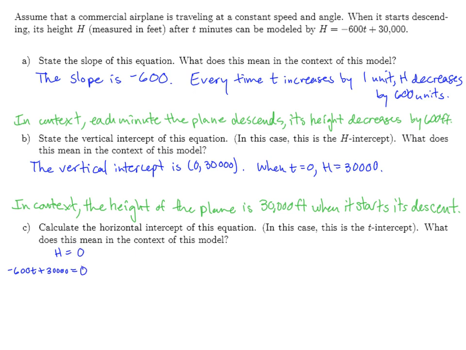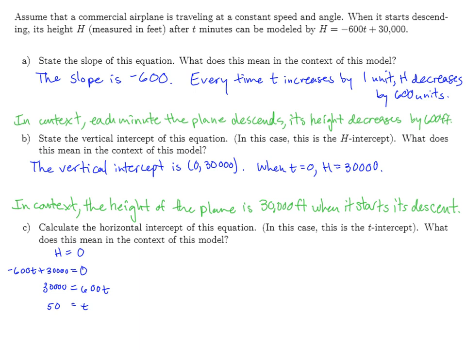To solve that equation for t, I can add 600t to each side to get 30,000 equal to 600t. And then I'll divide each side by 600. And that will give me 50 equal to t. So when h is 0, t is equal to 50.